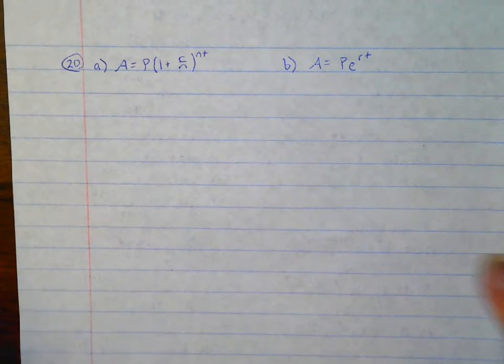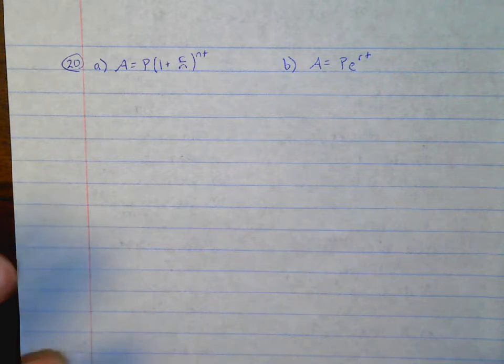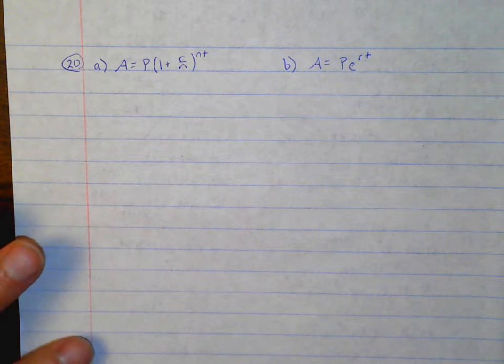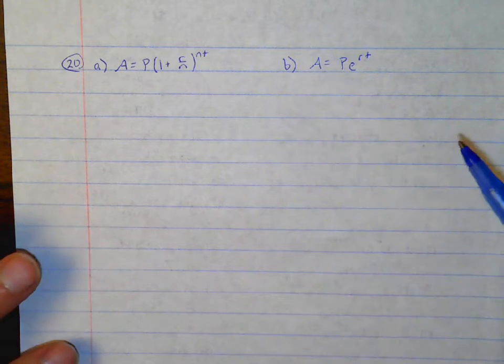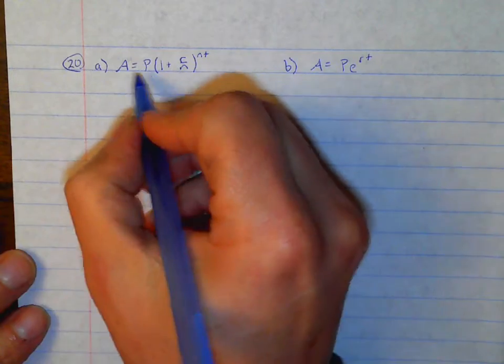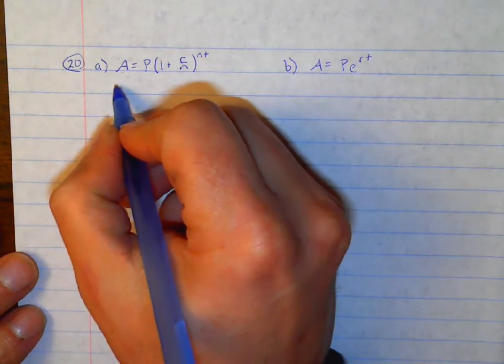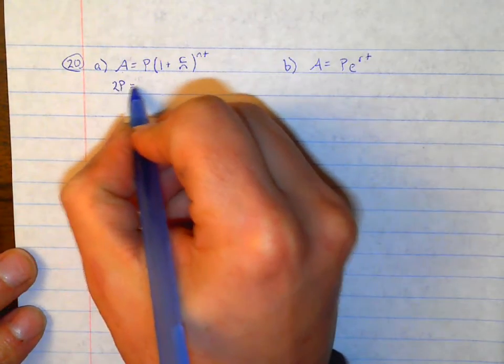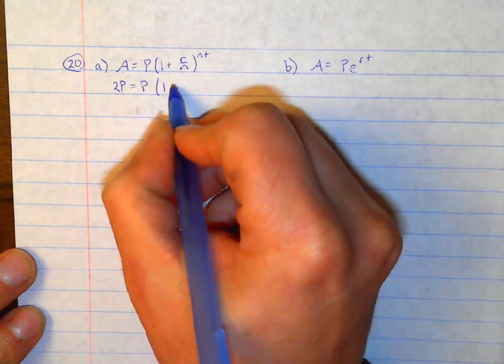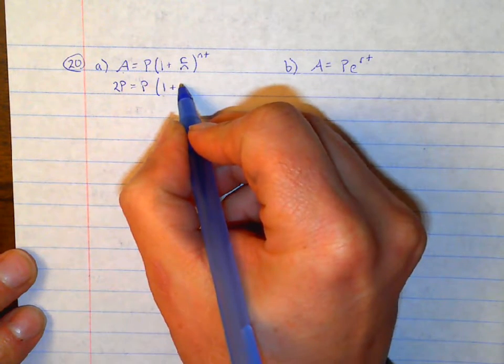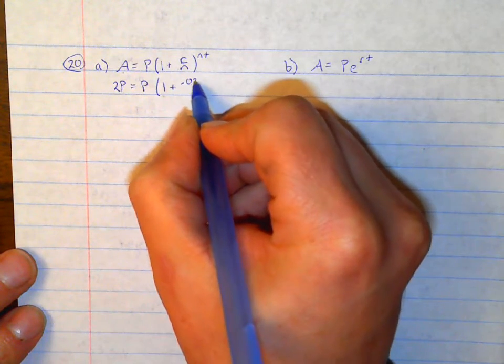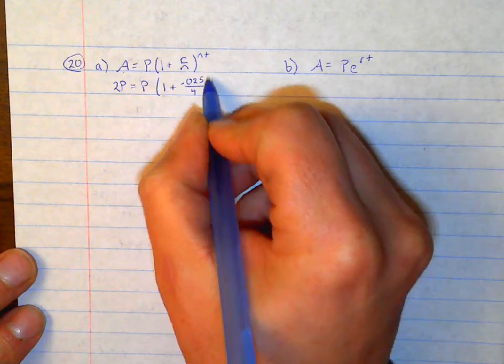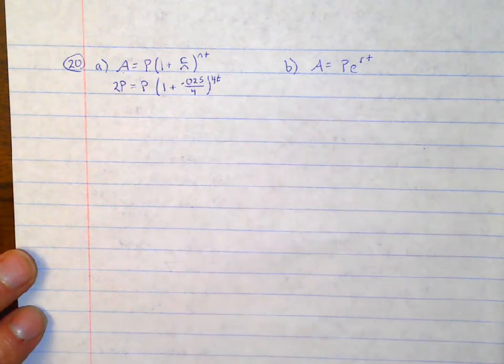Then number 20, we want to know how long it takes for it to double. Okay, we're still quarterly and part B is continuously. So if my principal is P, my A would be 2P. Okay, we want it to double. And my rate, number 20 says, is 2.5%. Compounded quarterly is 4 times. And how much time is it going to take?